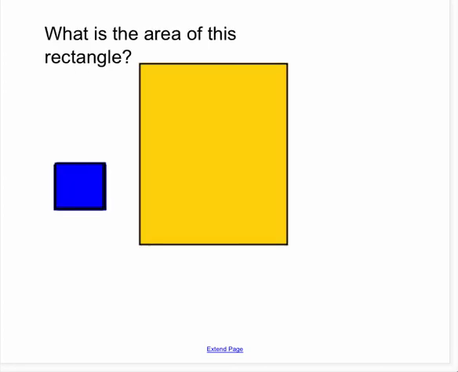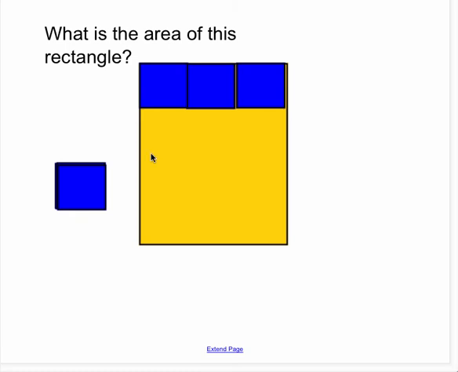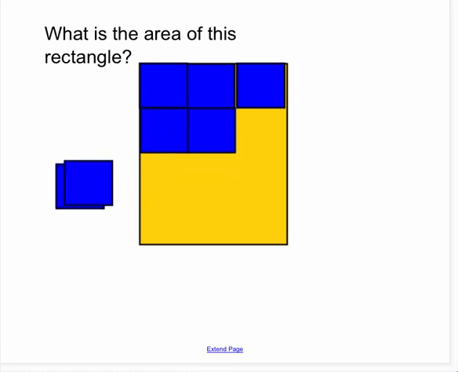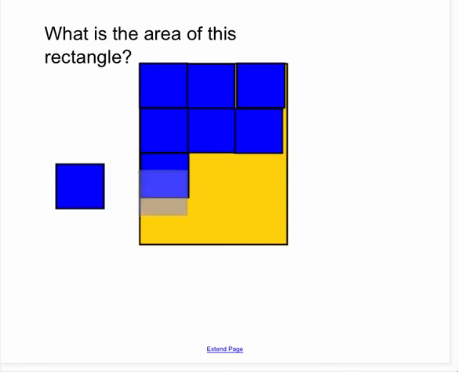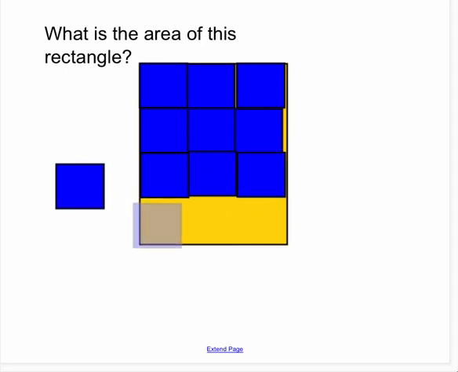Let's look at another one. What is the area of this rectangle? We're going to tile again to find the area. This is 1, 2, 3, 4, 5, 6, 7, 8, 9, 10, 11, and 12.